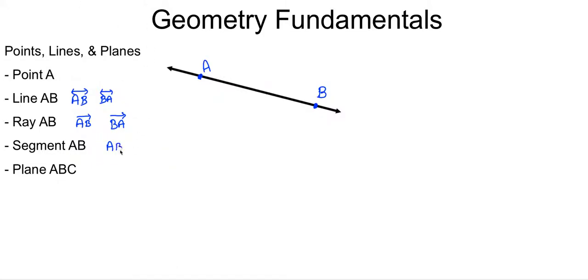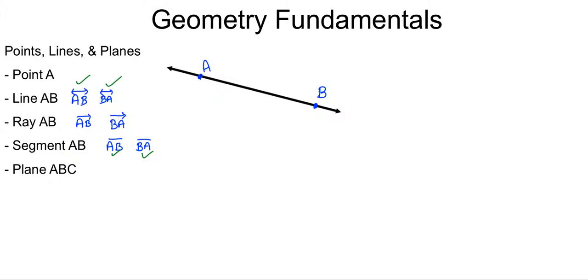We can write it as AB with a segment over it, or we can write it as BA with a segment over it, and these are the same. So remember that line AB and line BA are the same. Segment AB and segment BA are the same, but ray AB and ray BA, those are different.